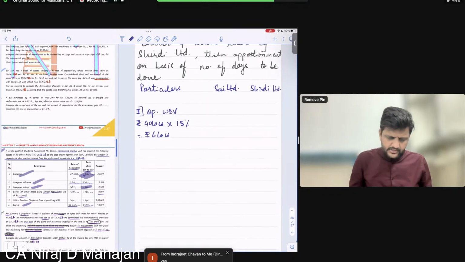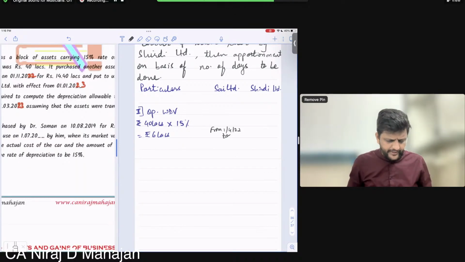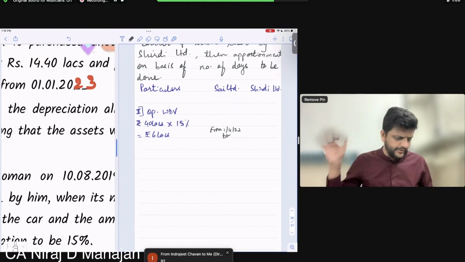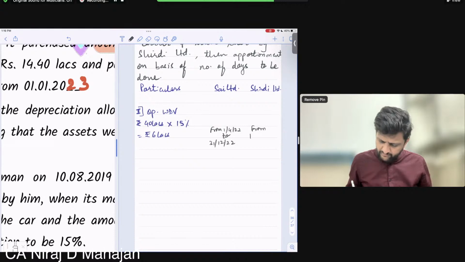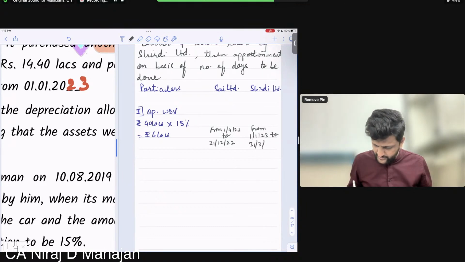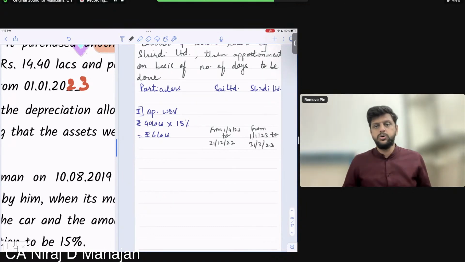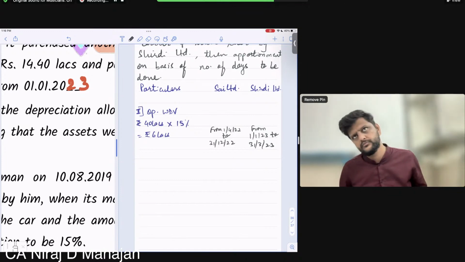Give me number of days. One day before the amalgamation date, 1/1/23, is for the new person. So up to 31st December 22 for Sai, and here from 1/1/23 to 31st March 23 for Shirdi. Thirty-one, 62, 62 and 28, that is 90, na?